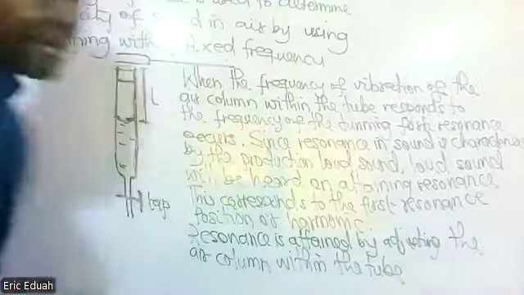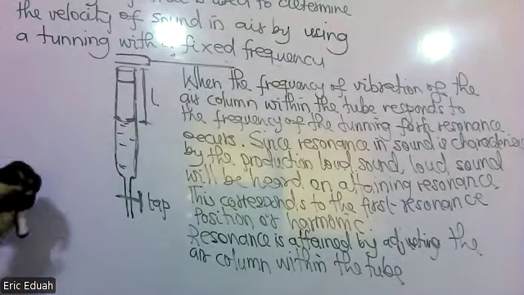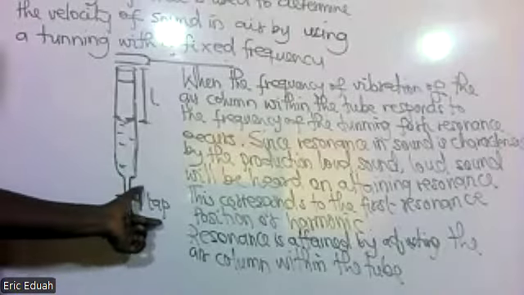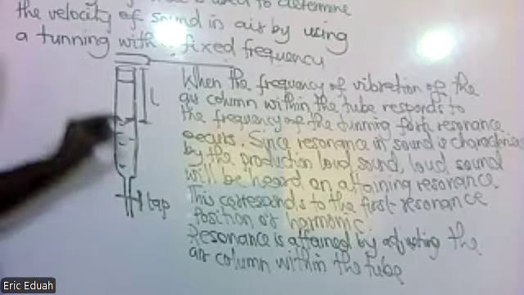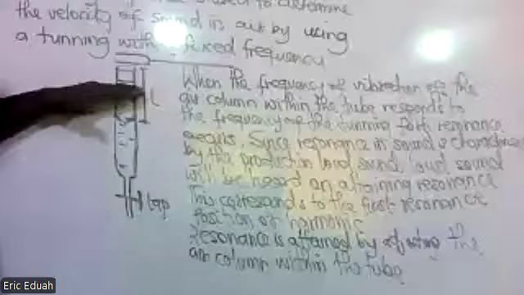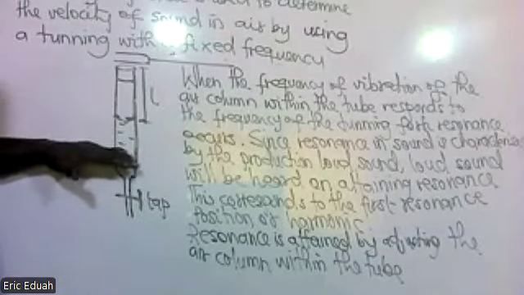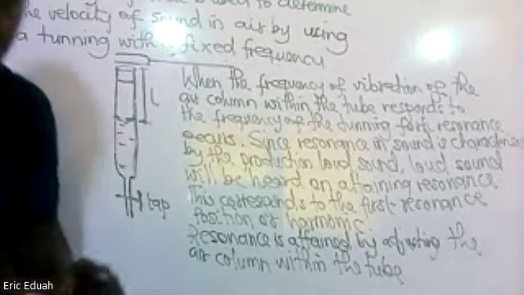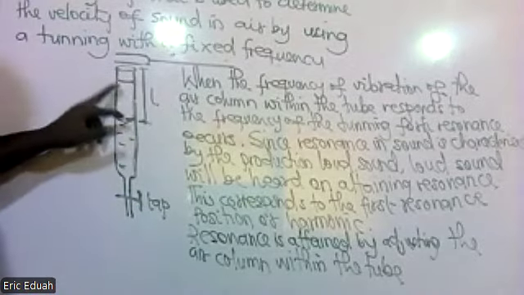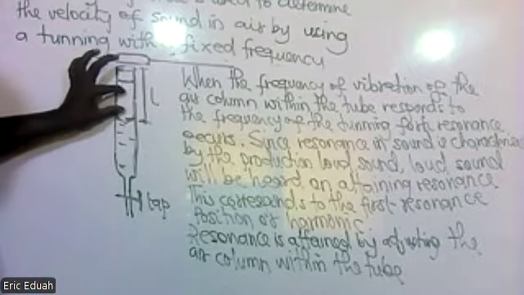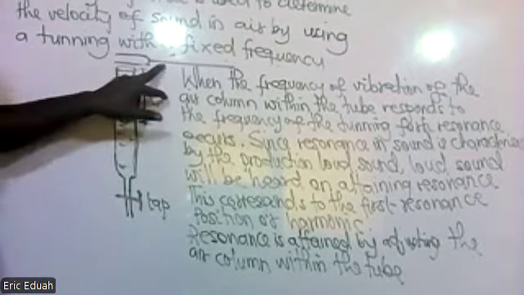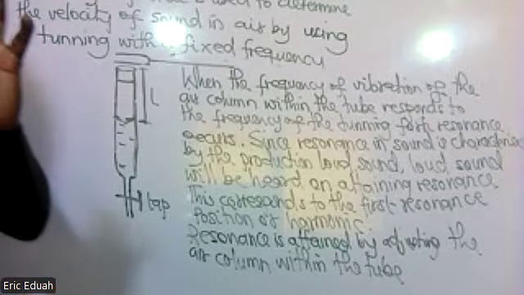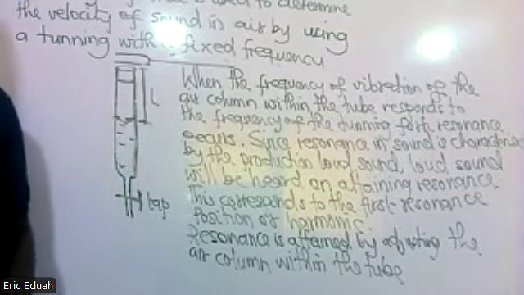If I want to adjust the length of the air column, it is just a result of adjusting the water level. When the water level is coming down, I'm increasing the length of the air column. And a certain length, L, will cause the vibrating air within the column to respond to the frequency of vibration of the tuning fork. And at that point, resonance would happen.